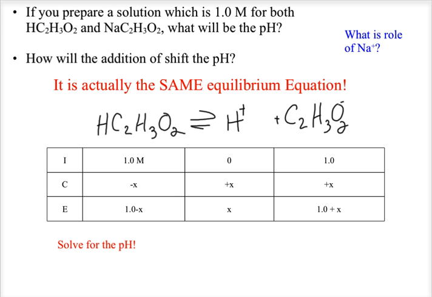With the new situation, instead of having just acetic acid in our solution, we have something that contains both acetic acid and sodium acetate. We put those both in 1 molar concentration into a solution, and so the initial concentration of the acid and its conjugate base, if you remember that term from the past, we'll be getting into that later, are given as the initial amounts.